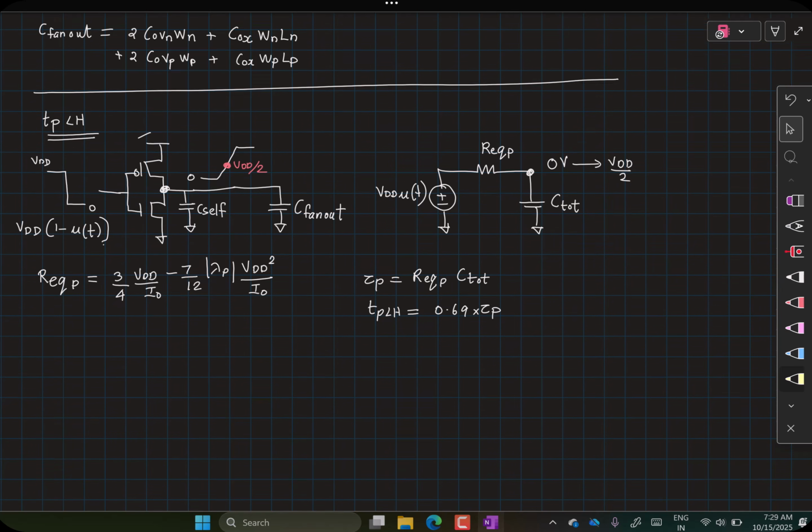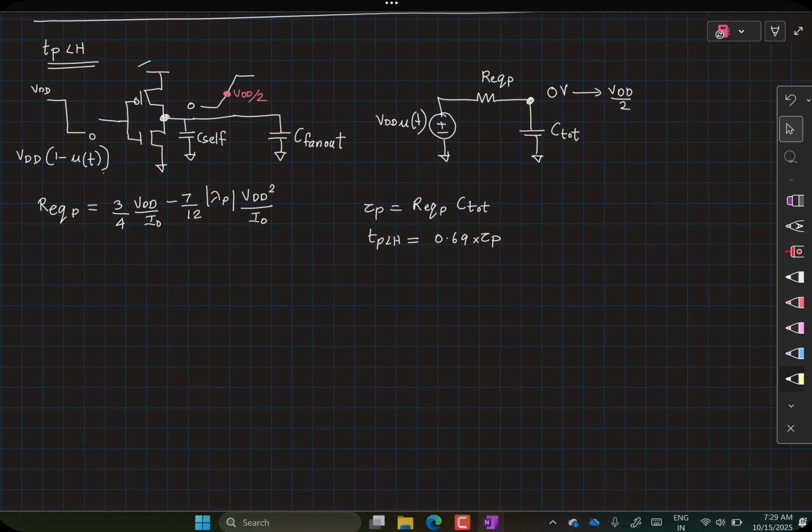Right? Now, let's quickly look at what happens to your R equivalent when you increase the width and when you increase the length. I will do this quick analysis by assuming lambda equal to 0. Now, under these conditions, the R equivalent is given by 3 by 4 VDD by I naught, where your I naught, assuming short channel transistors, is going to be equal to mu n COX W by L into VD sat.